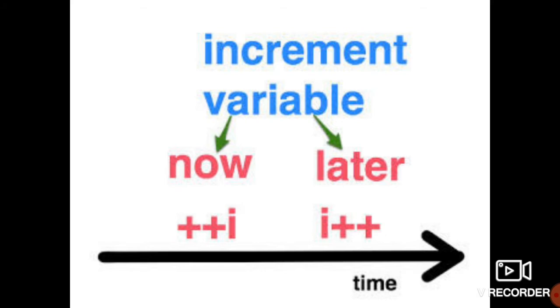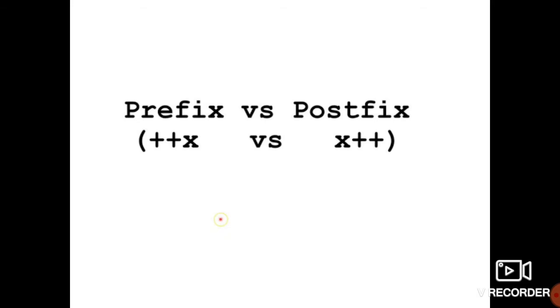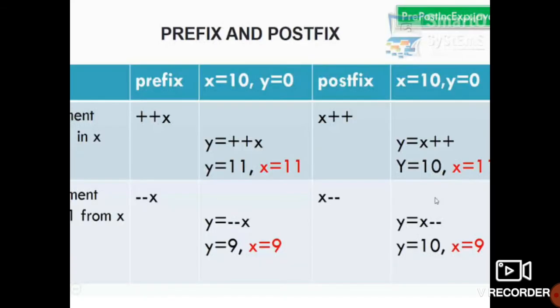It means the increment or decrement will be done after the number, later on. Now prefix and postfix: the first will be called prefix, the later will be called postfix.